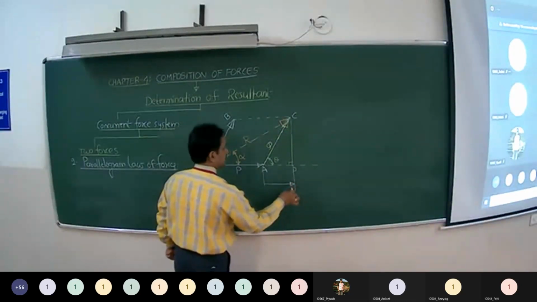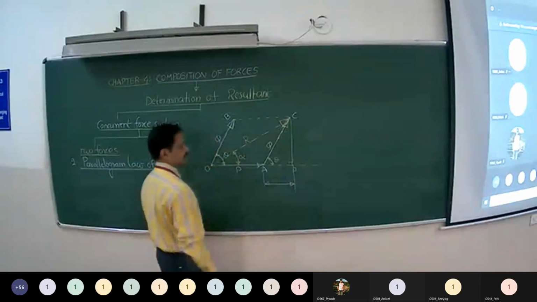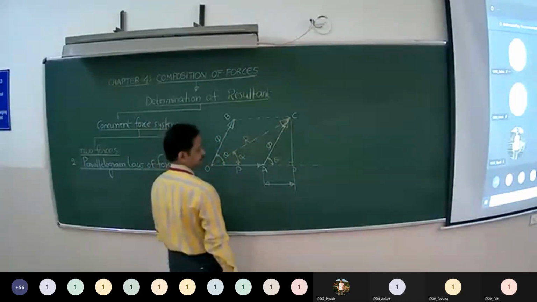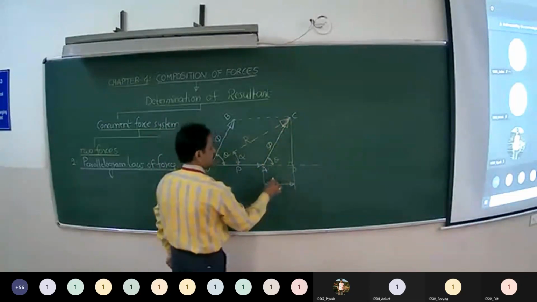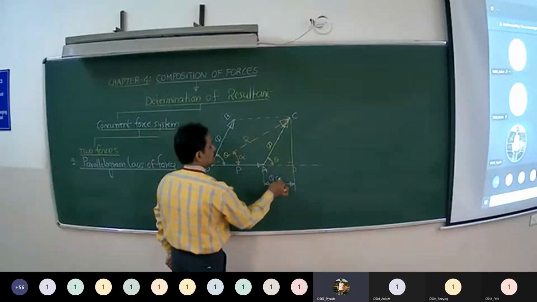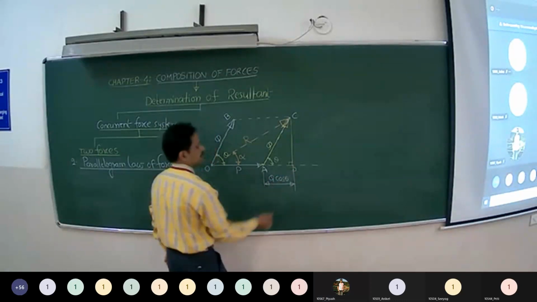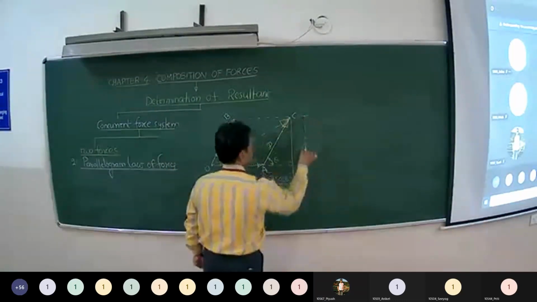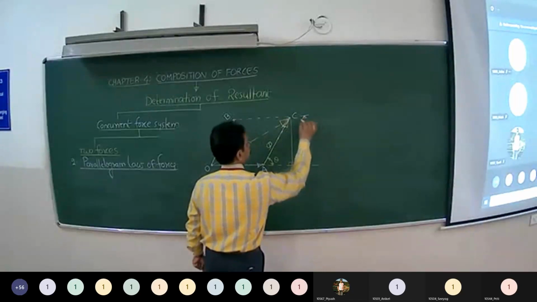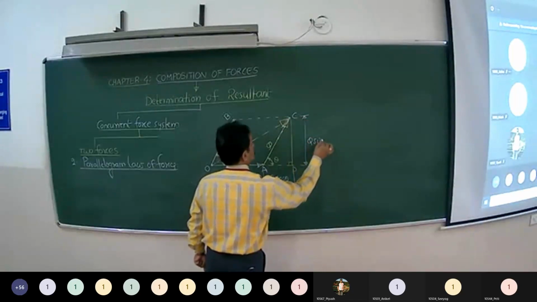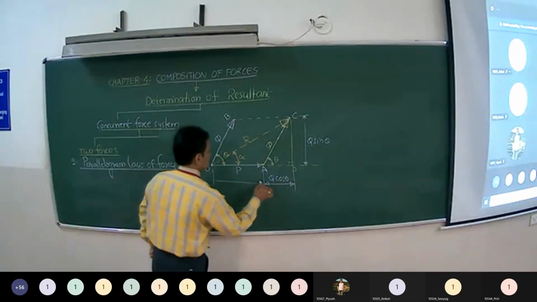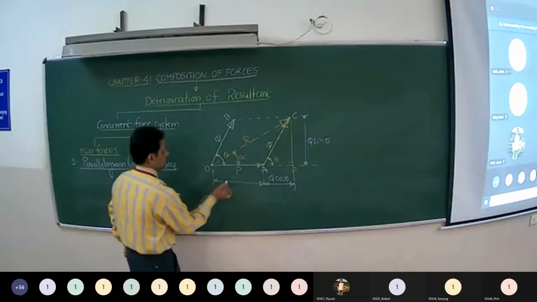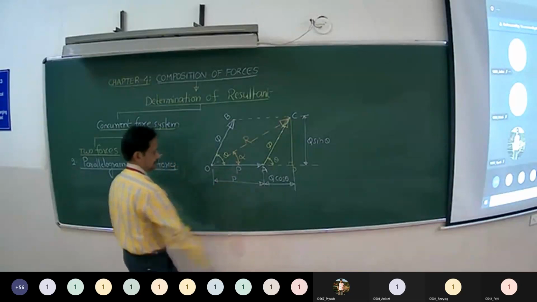How much is this side in terms of theta? For this right angle triangle it is the adjacent side, so you can write it is Q cos theta. So the opposite side is Q sin theta, whereas you have this OA as P.